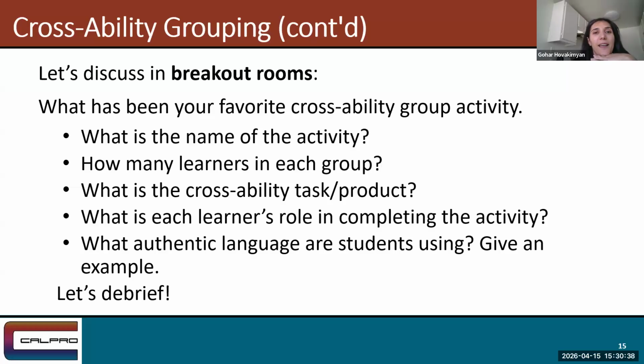So I shared the activity that I liked. It was a community resources project, where lower level students were the ones who found information from the internet about community resources in Burbank. Middle level students presented to the class, and higher level students made a role play presenting the situation.